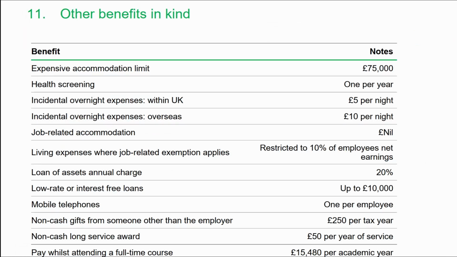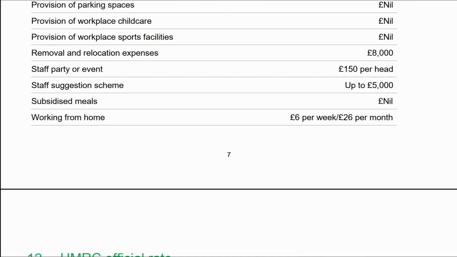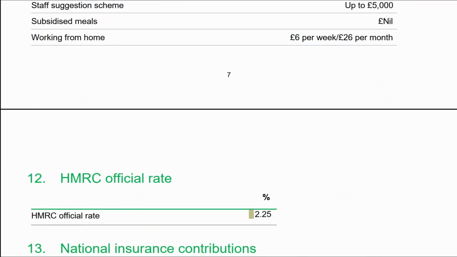So to answer this question, we need to look at section 11 in the reference materials, where it tells us that there is an expensive accommodation limit of £75,000. We also, for this question, need to know what is the HMRC official rate, which is 2.25% for this year's exams.